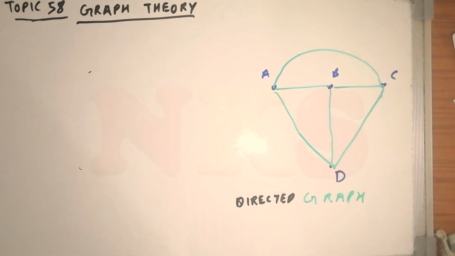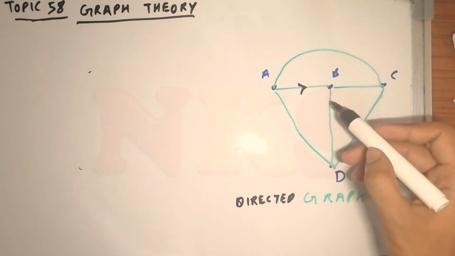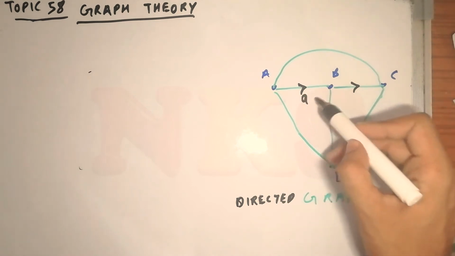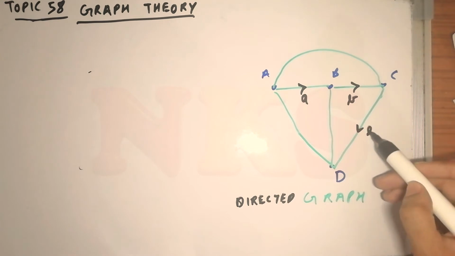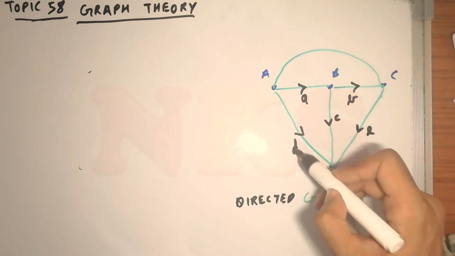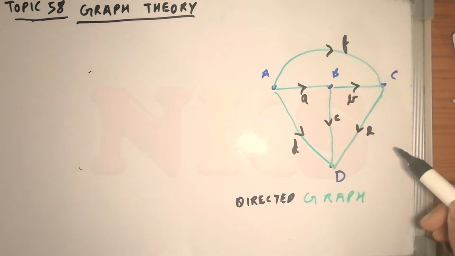I am just assuming it this way. Let me say this is a branch, this is also a branch. This is branch A, this is branch B, this is branch E, this is branch C, this is branch D, this is branch F. I am assuming it in this fashion.